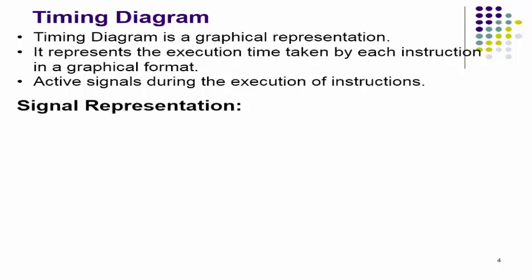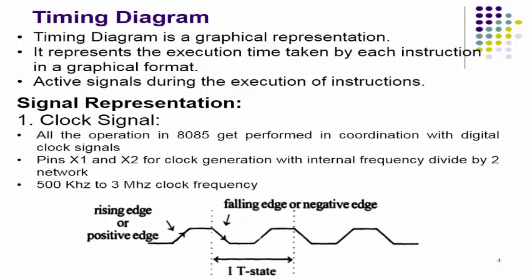To understand the timing diagram and the various signals observed in it, we will see various signal representations. The first one is the clock signal. As we know, in the 8085 all operations are performed in coordination with the digital clock signal.